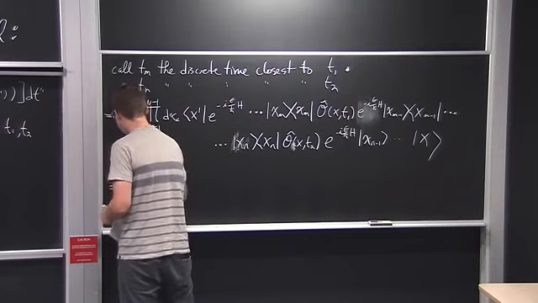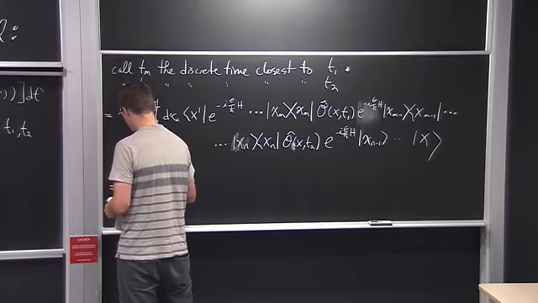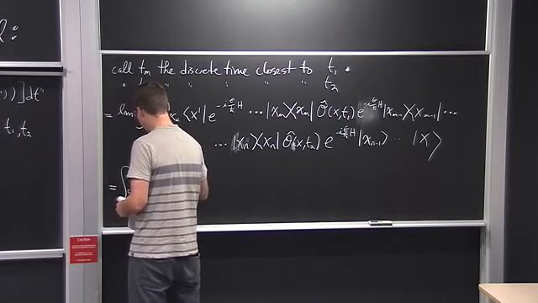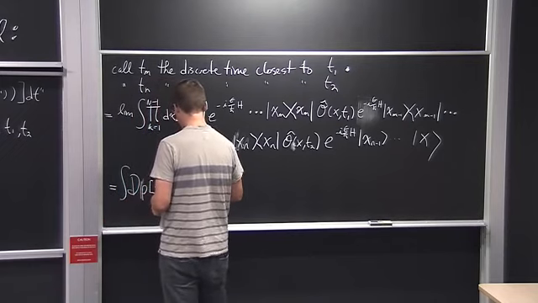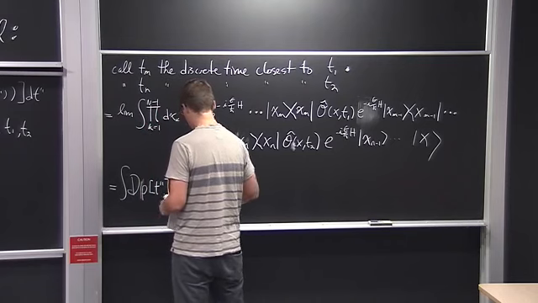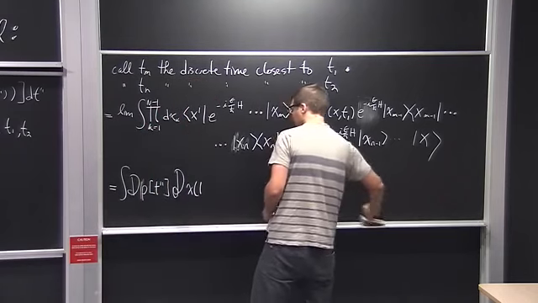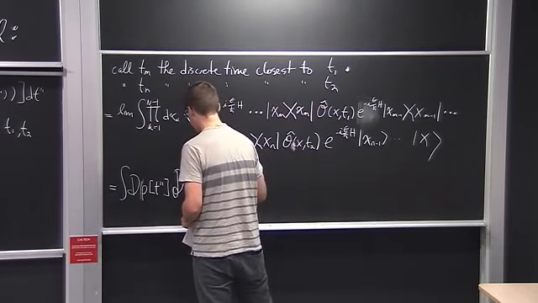So the point with looking at this in discrete time was just to drive home the fact that the path integral naturally time orders the operator product.